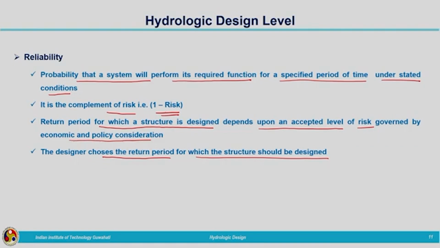That return period will be chosen by the designer, and corresponding to that, we will choose the design discharge. So, reliability Re can be calculated by taking the value 1 minus R, that is nothing but 1 minus P to the power of n. In terms of return period capital T, we can write 1 minus 1 by T to the power of capital N, where T is the return period.